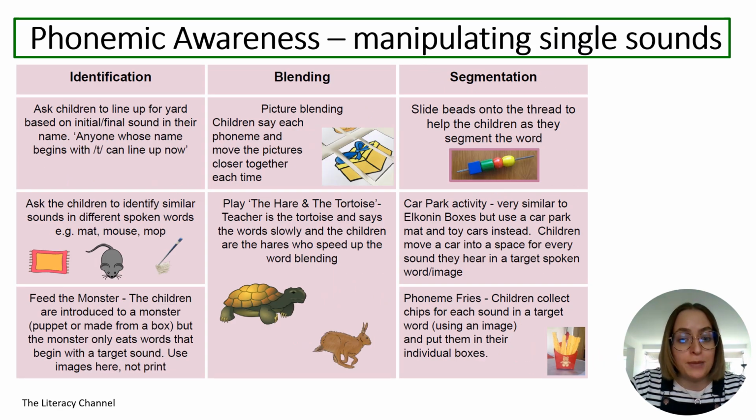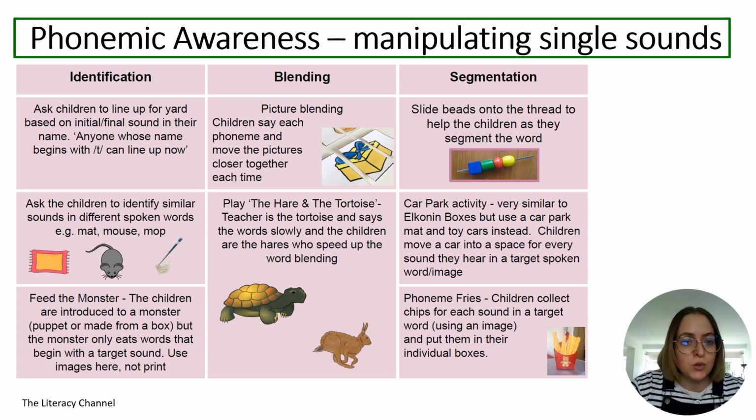Then for manipulating single sounds, there's identification. So if your name begins with a t, line up. That would be really useful on the playground or at the end of the day. Identifying similar sounds in spoken words: there's feed the monster, so the monster only eats things that begin with the target sound. And then there's blending, which is the middle column, using pictures for each phoneme.